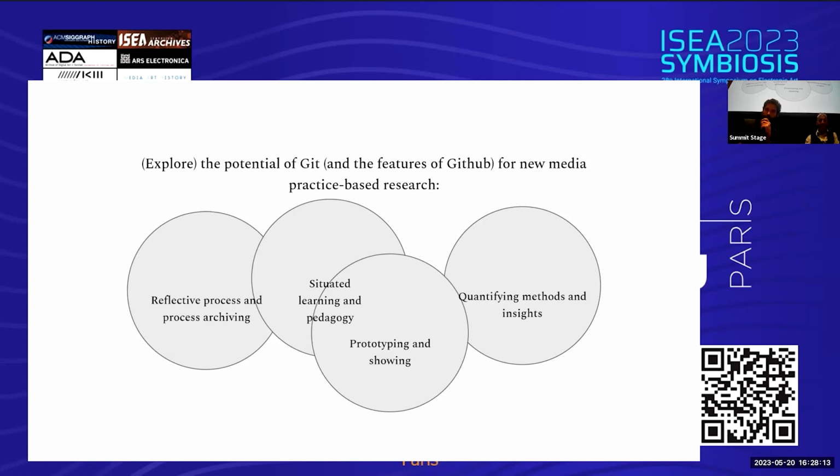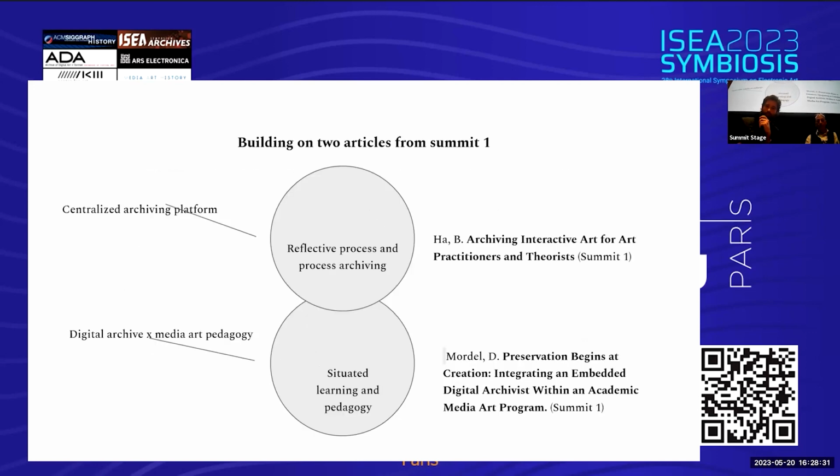So explore the potential of Git and GitHub for new media practice-based research, from reflective process and process archiving to situated learning, prototyping and showing, and quantifying methods. These four processes come in an iterative cycle through the process. In the context of my paper, I built from four articles, two from Summit 1. The first addresses a way to build a centralized archive platform.